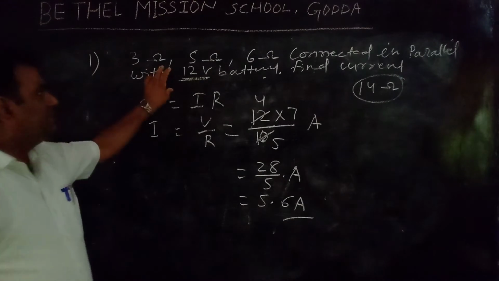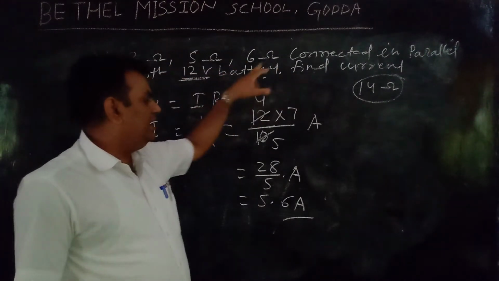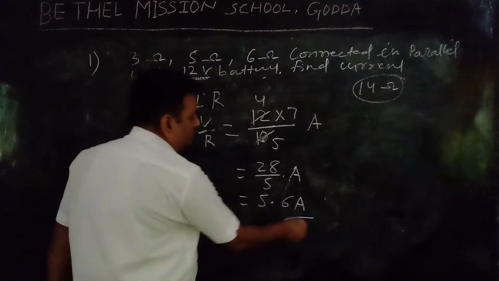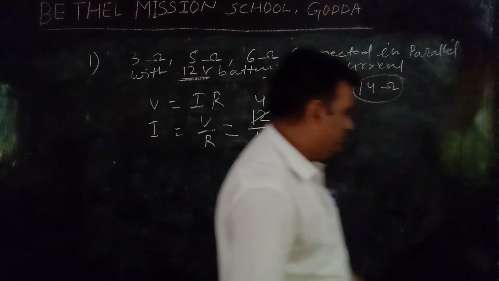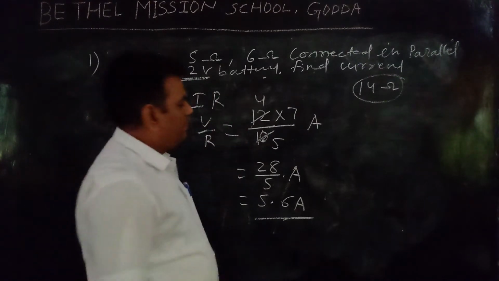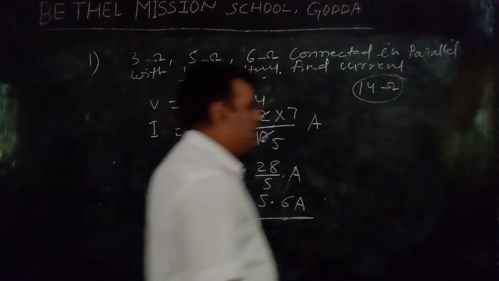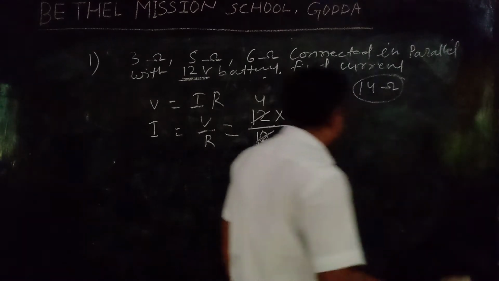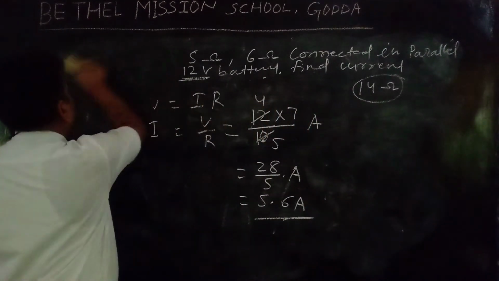So the same appliances connected in parallel and in series give different values of current for the two conditions. Now we will see the other topic, which is effects of current.